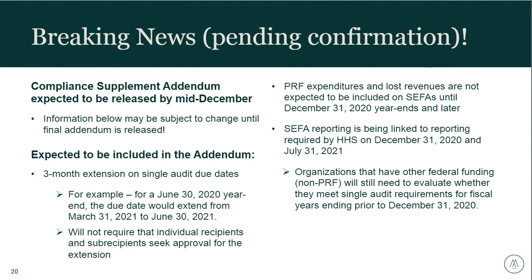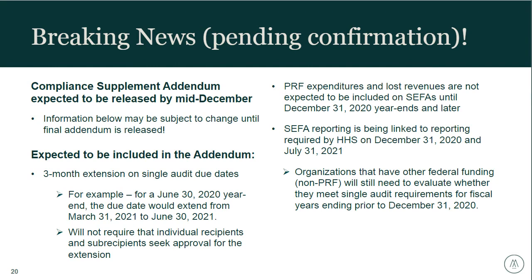But generally, there are a couple things I wanted to bring to your attention, which I think are some good news to share. One is we're expecting to see in the addendum a 3-month extension on single audit due dates.